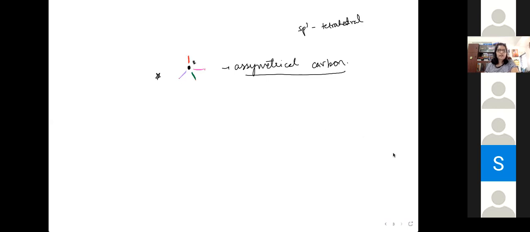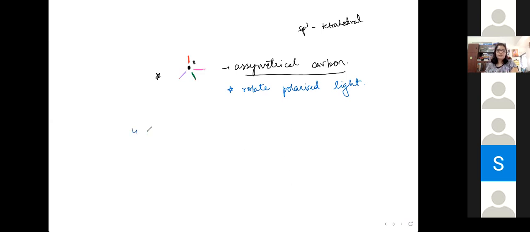So this kind of carbon atom will have a tendency to rotate polarized light. If light hits them, they will rotate it either this side or this side. Depending on which side they rotate, that creates 2 different optical isomers.